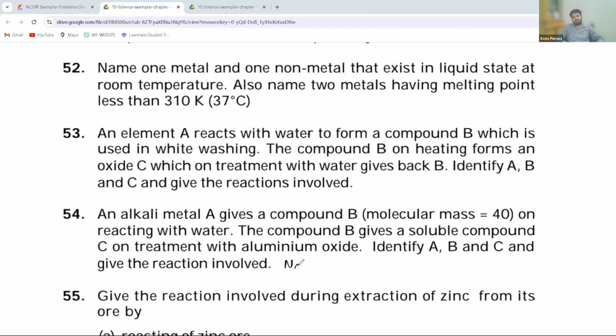So when Na reacts with water, it gives NaOH plus H2.